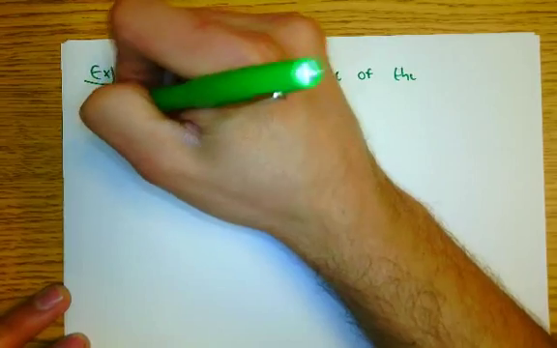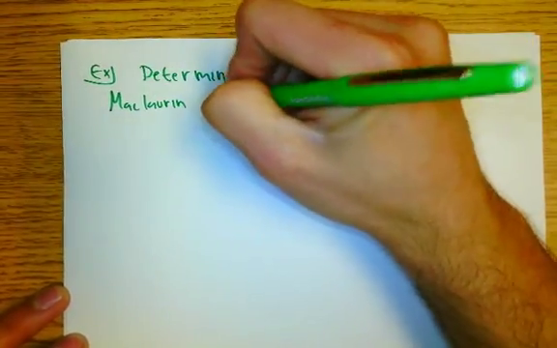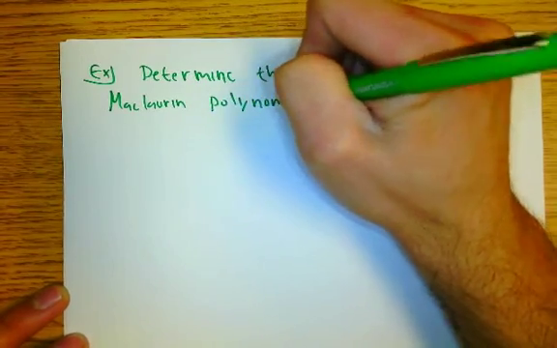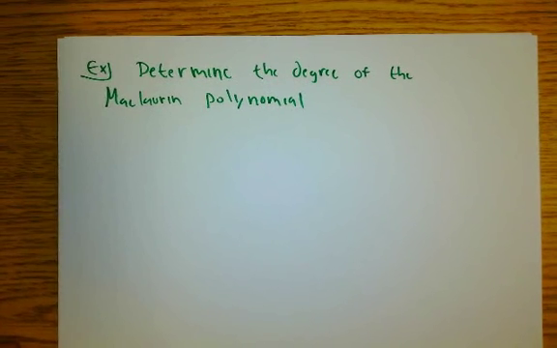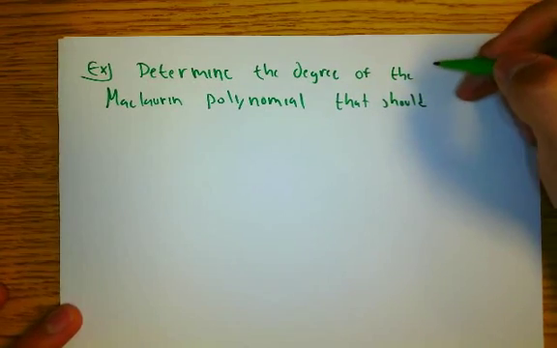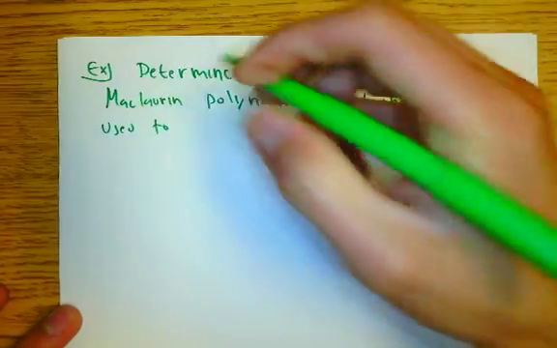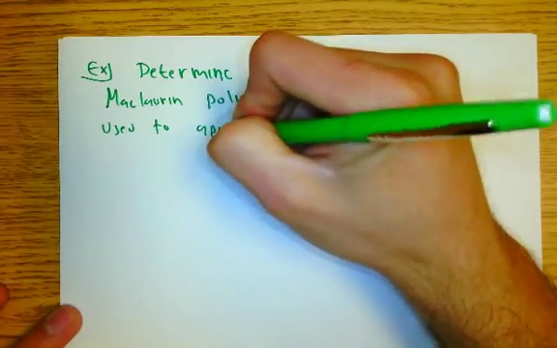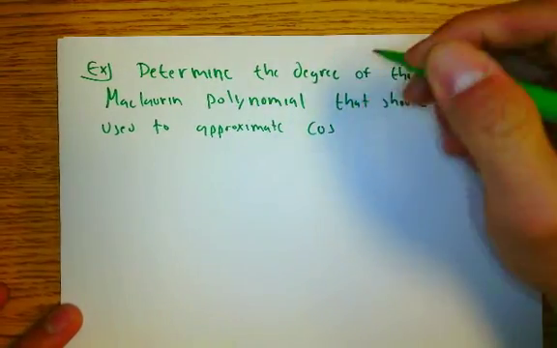That should be used to approximate cosine of 0.1 so that the error is less than 0.001.